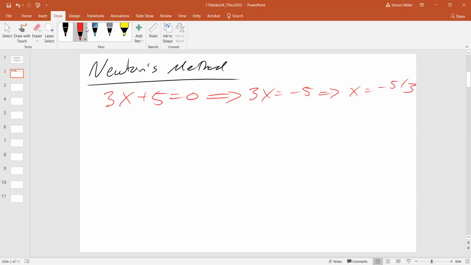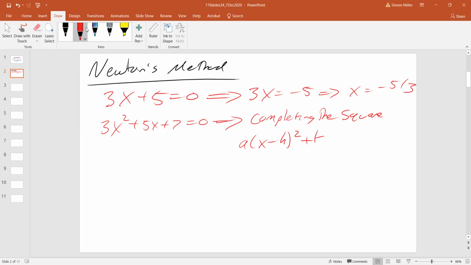We could try something a little bit more elaborate, 3x squared plus 5x plus 7 equals 0. And that's a little bit harder, but using the method of completing the square, we can write a polynomial like this in the form a(x minus h) squared plus k equals 0. You might remember this as vertex form of a parabola from many years ago.